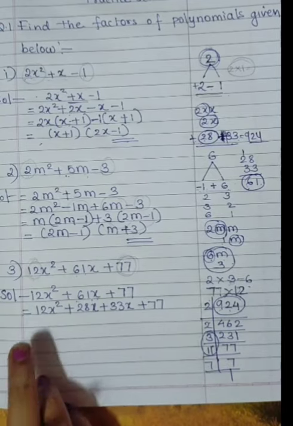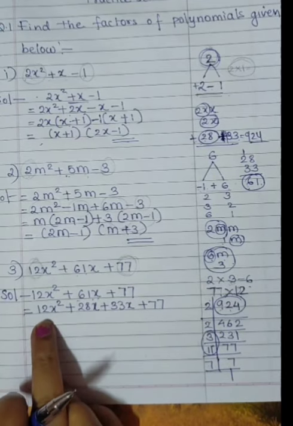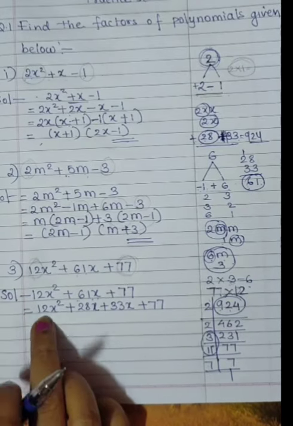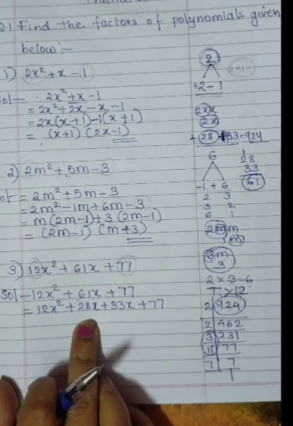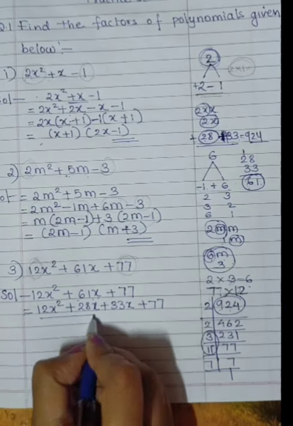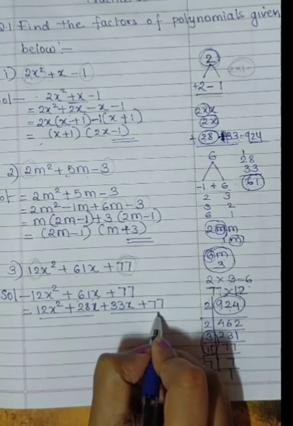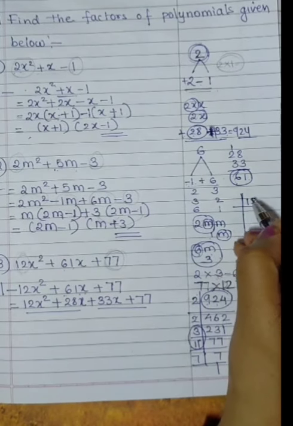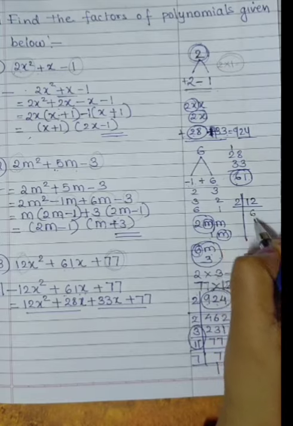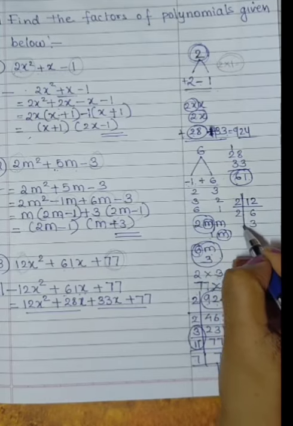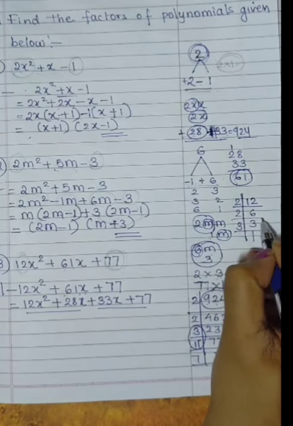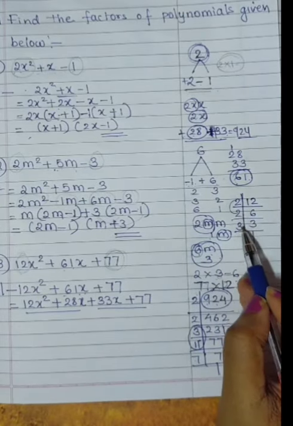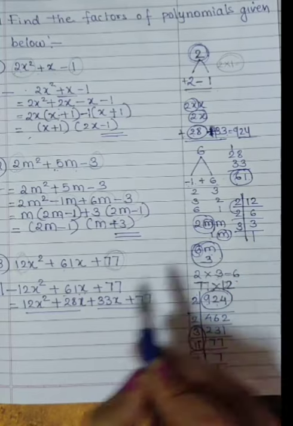Now again, here we have to find the prime factor of 12 and 28. This is our first term, this is our second term. Now here, 2 6s, 2 3s and 3 1s. So what we got, 2 2s are 4, 4 3s are 12.